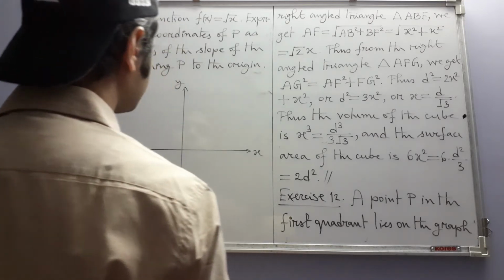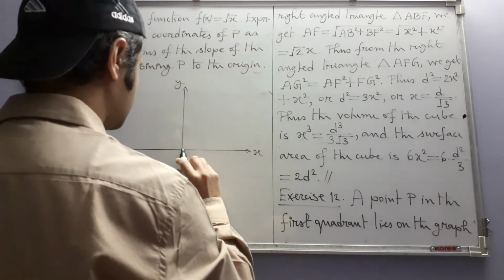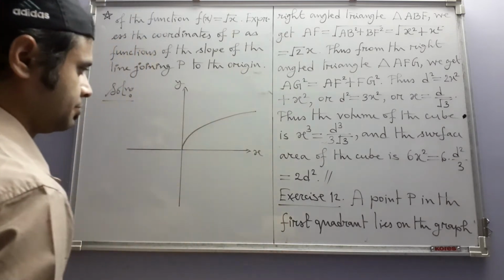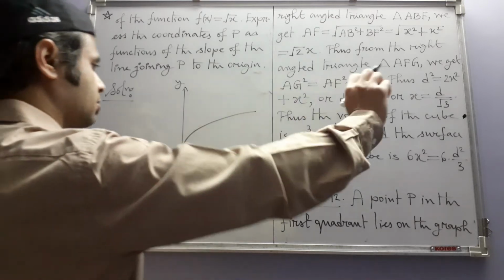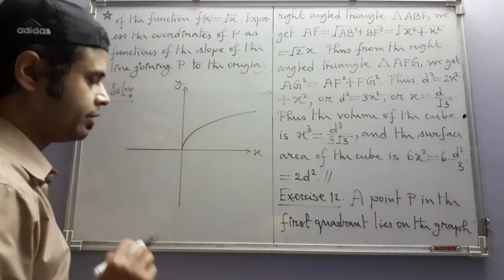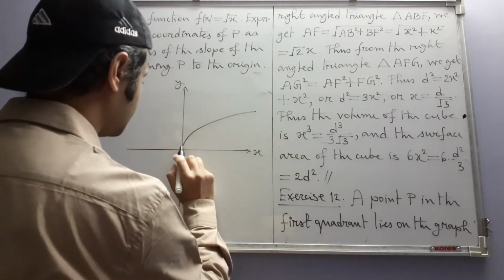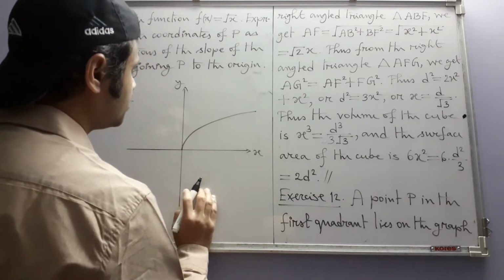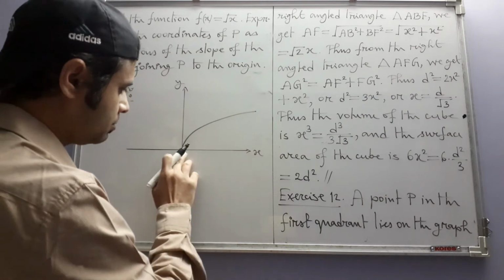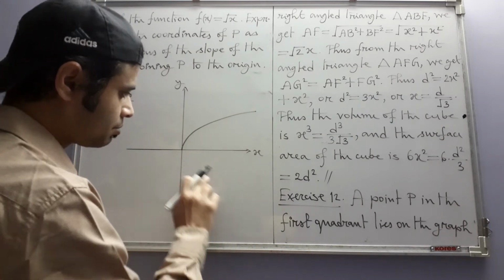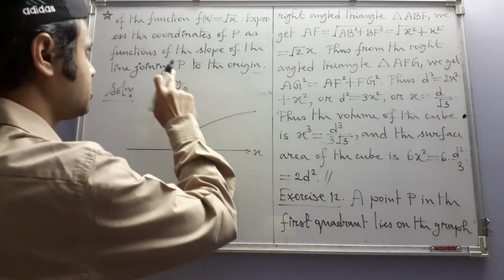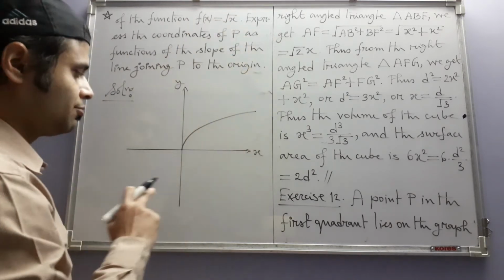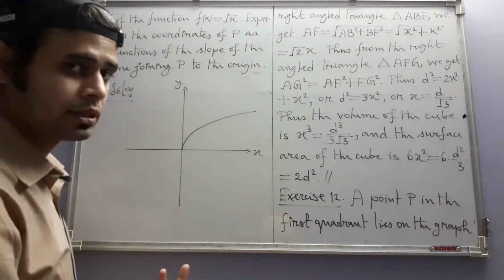Okay, now the graph of this is roughly like this. Okay, it goes on that side indefinitely without any bound. However, it stops here. It's part of a parabola, which the other part we don't have, because f of x is positive square root of x, not at the same time negative.